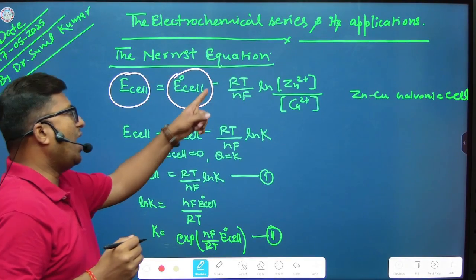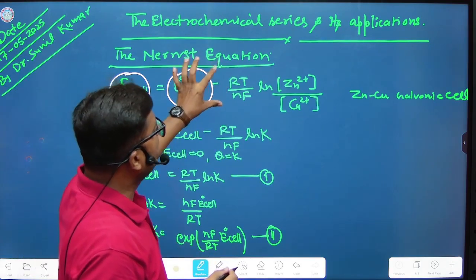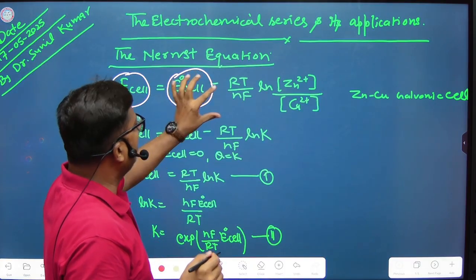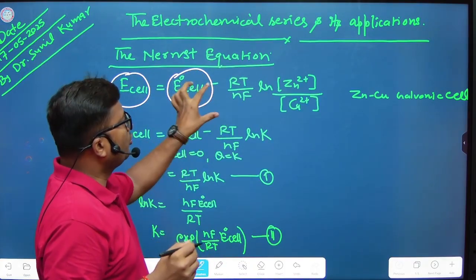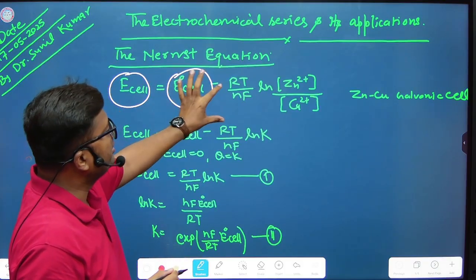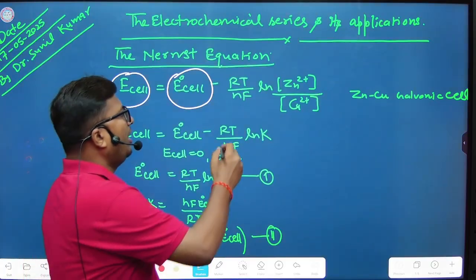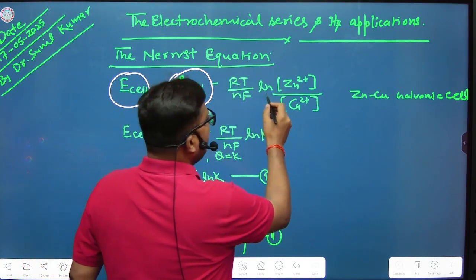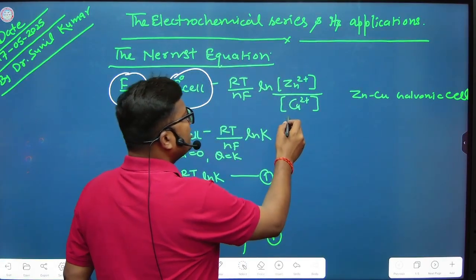R is the gas constant, T is the temperature, n is the number of electrons transferred in the electrochemical reaction, F is the Faraday constant, and the term is the natural logarithm ln of Zn2+ over Cu2+.